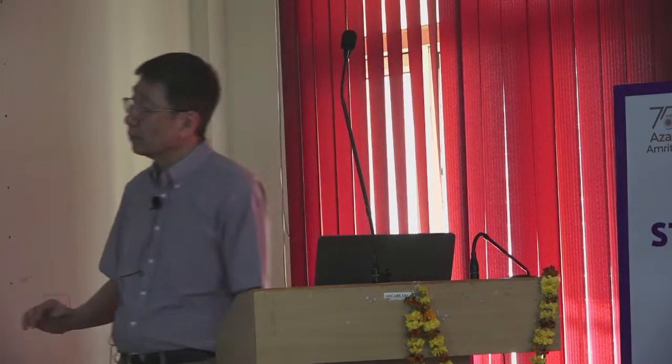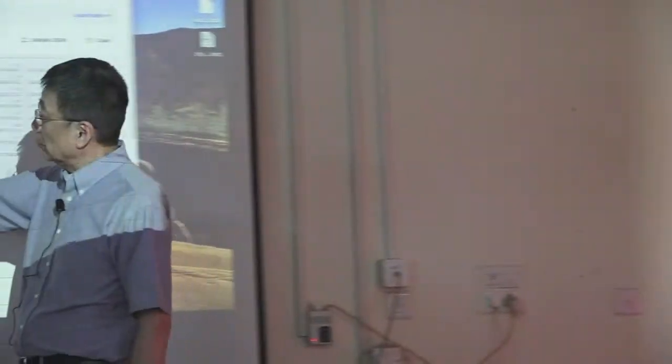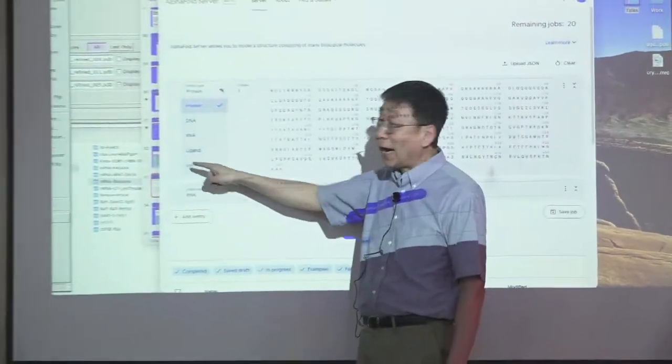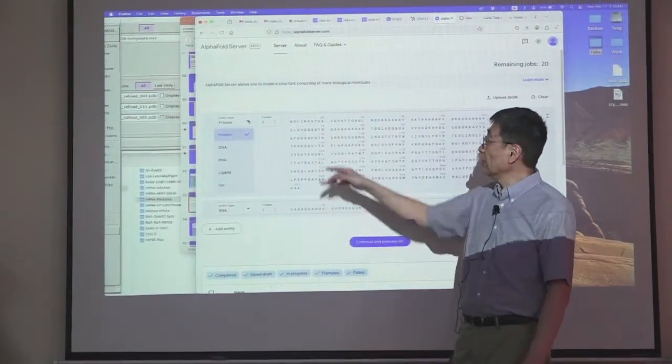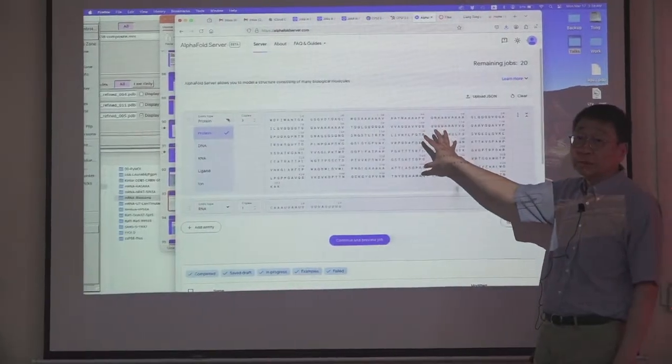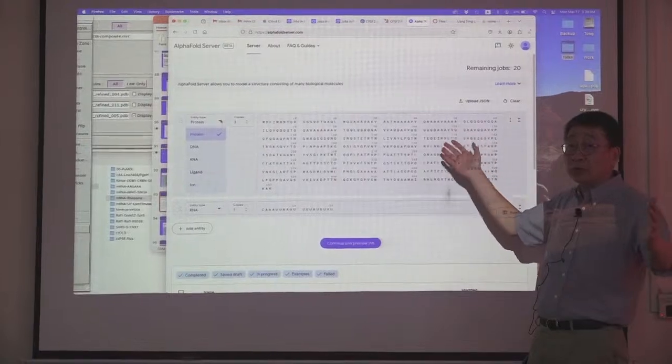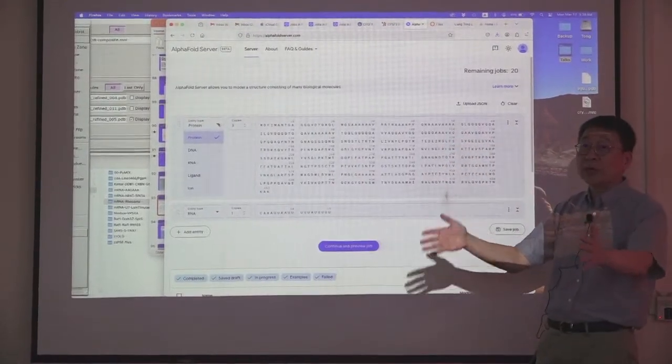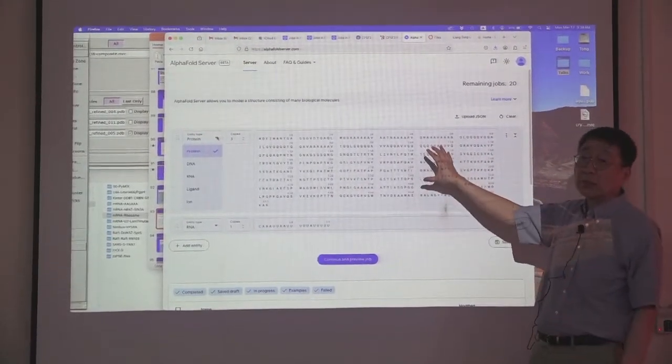You can tell it whether it's protein, DNA, RNA, ligand, or ion. If it's protein, just give it the protein sequence. It doesn't have to be the full length. It could be a domain, or a smaller piece. That's all you put in.